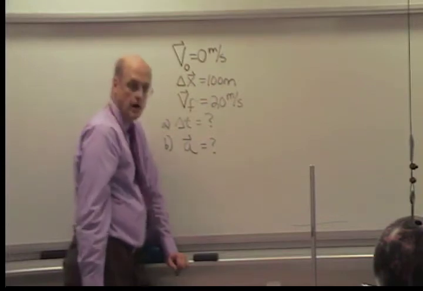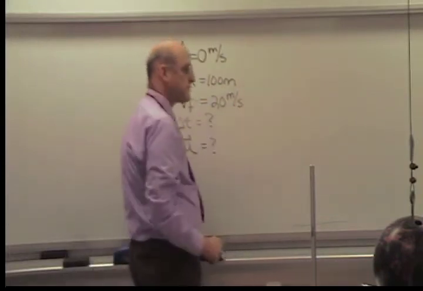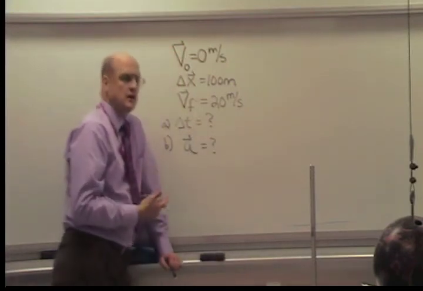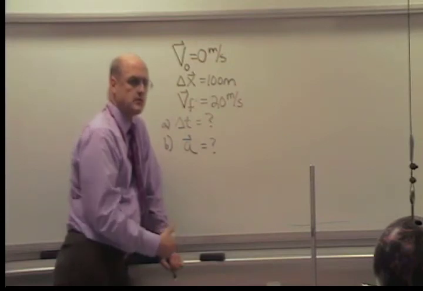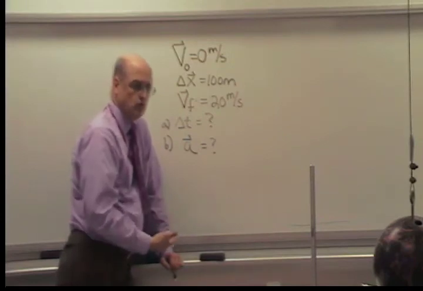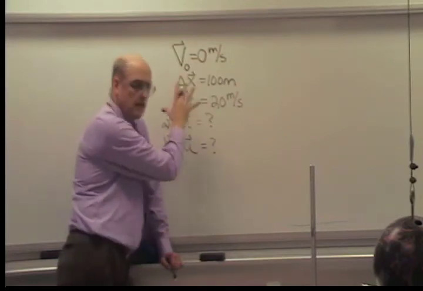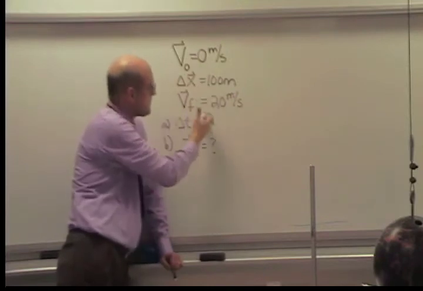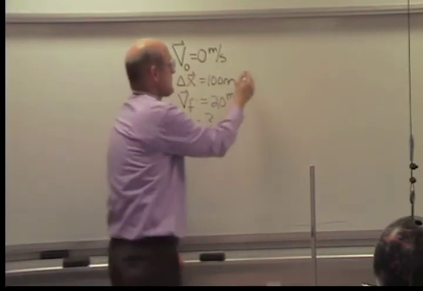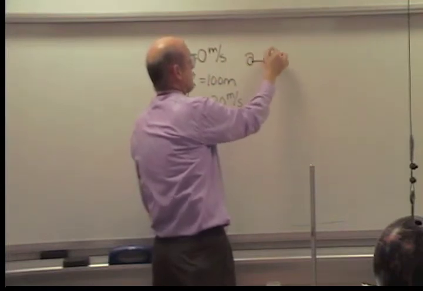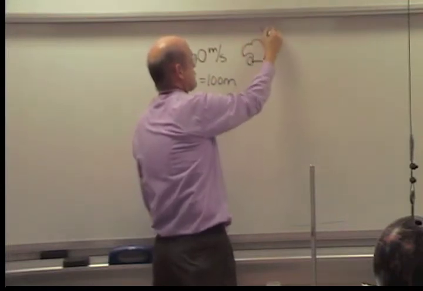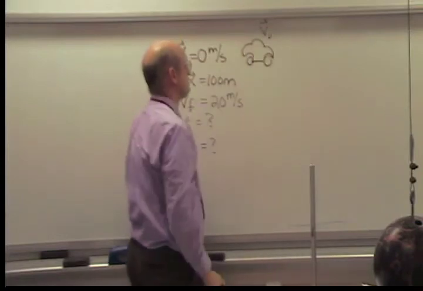All right, let me draw a diagram. A diagram is very wise to include in your solution because it helps the reader of your solution better understand what each one of these means. Okay, so I'm going to show the car at the beginning of the story as an original velocity v(O).